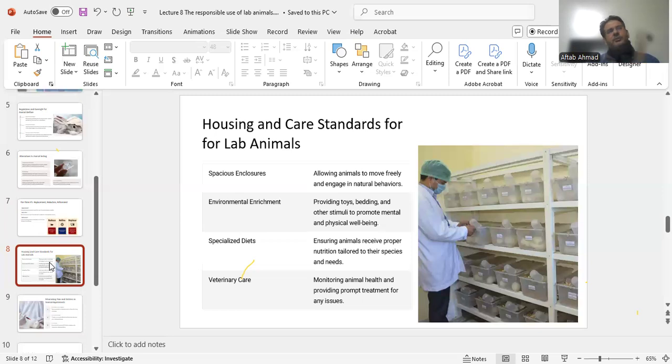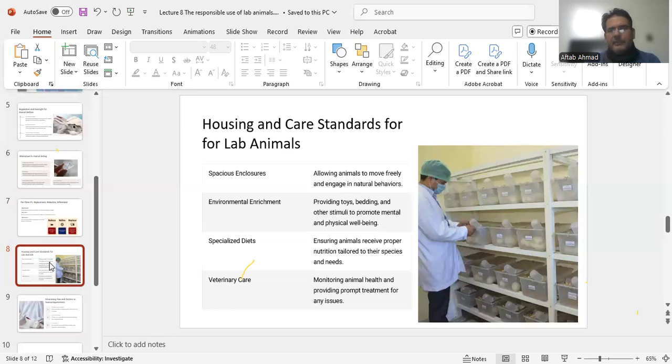So you shouldn't take any pathogens from the outside environment into the animal house. And similar is the case if you are moving out of the animal house, you remove all the PPEs, so the pathogens shouldn't move out with you.